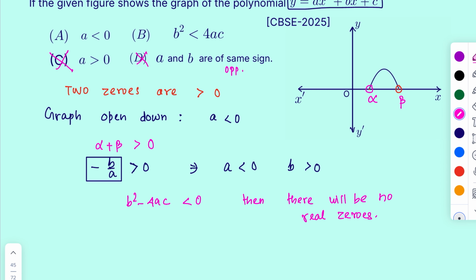Because we know that alpha or beta is minus b plus or minus square root of b square minus 4ac by 2a. If b square minus 4ac is less than 0, then it will not have real values. So option A is correct.